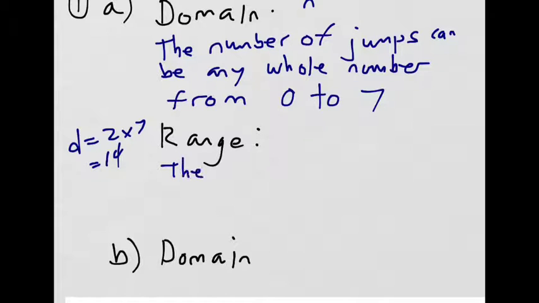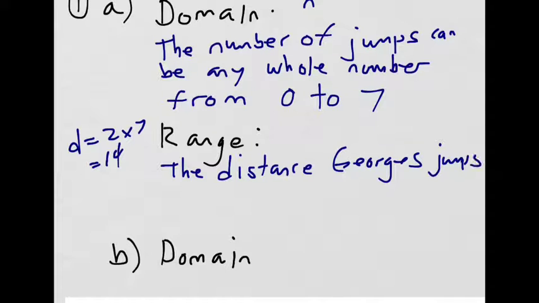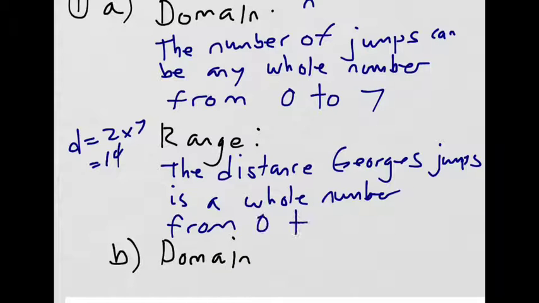So we could say the distance Jorge jumps is a whole number from 0 to 14. Okay, and that encapsulates all the possible values that our dependent variable can be. In this case, d. All right?